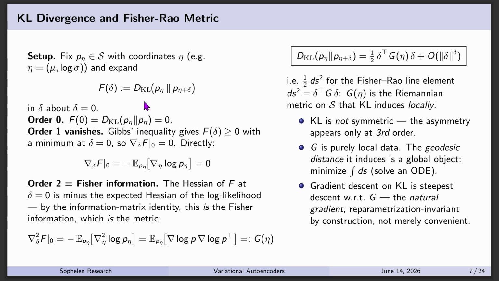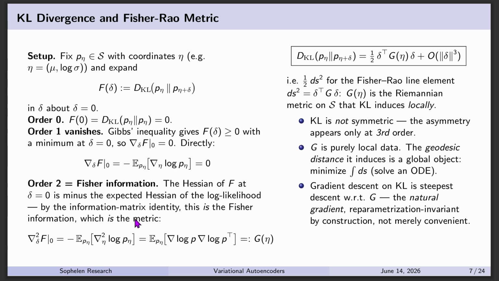Now, the KL divergence is non-negative and is zero exactly when these distributions are the same. So then that tells you by geometry that P eta is your minimum. So if that's your minimum, right, then the gradient of f at 0 is 0 because we have found our minimum.